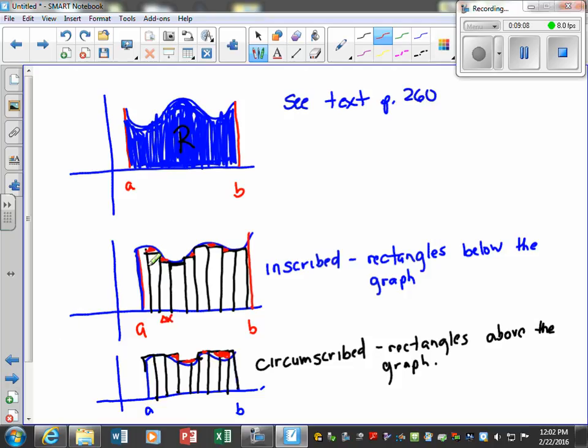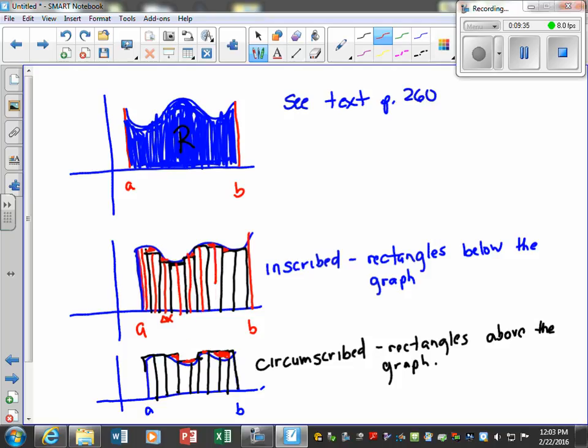So let's say this has 1, 2, 3, 5, 6, 7, 8, 9 rectangles of width delta x. If I chose to let this delta x, this rectangle, be even smaller, let's just say cut all of these in half, then you can see that my area is going to decrease.